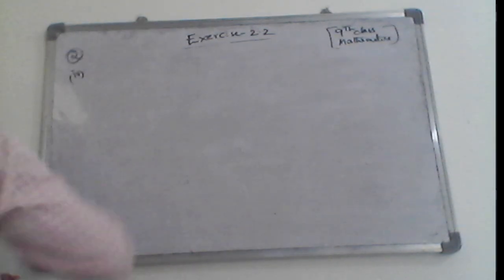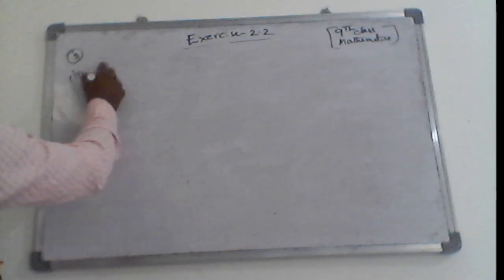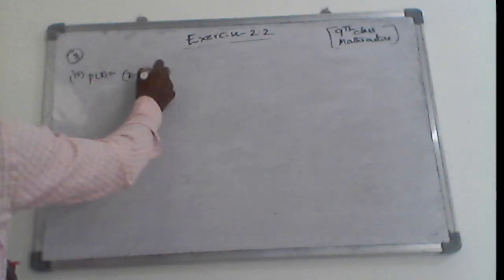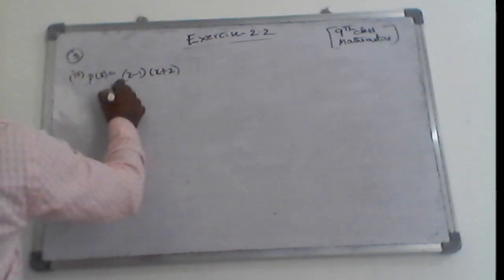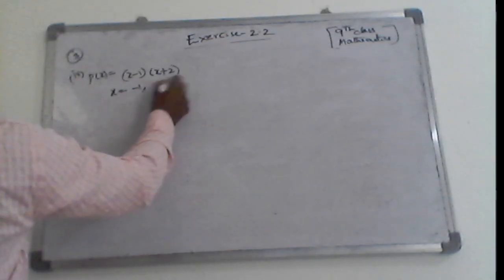Third bit, question number 4. P of x equals (x minus 1)(x plus 2), where x equals minus 1, 2, minus 2.